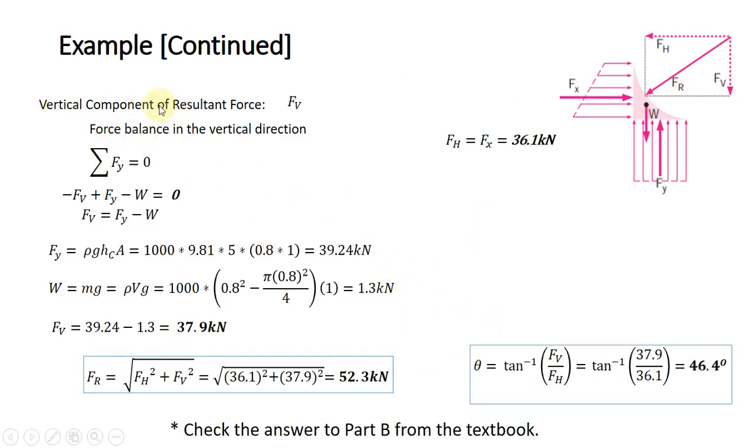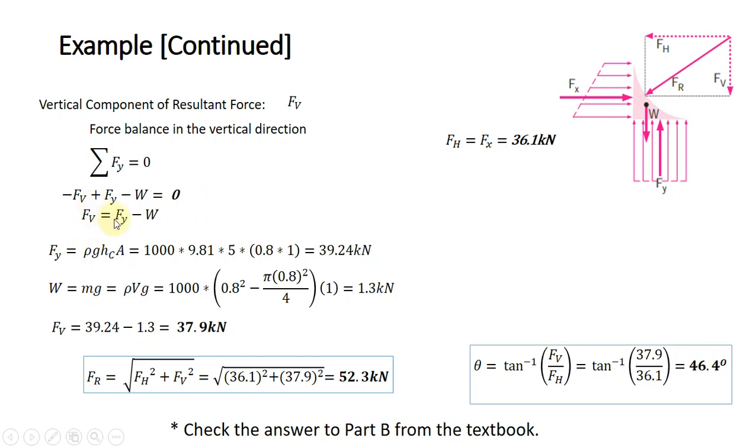And for the vertical component, again we will do a force balance in the y direction, and the forces we have are Fy due to the pressure, the weight of the water volume, and we have Fv. If we take the vertical direction to be positive, we have minus Fv plus Fy minus the weight, which is equal to 0.